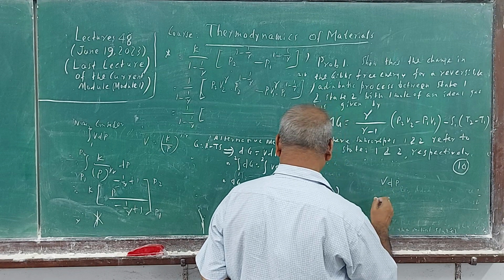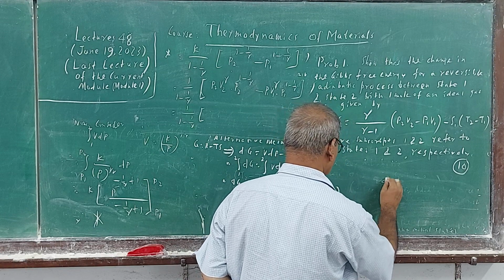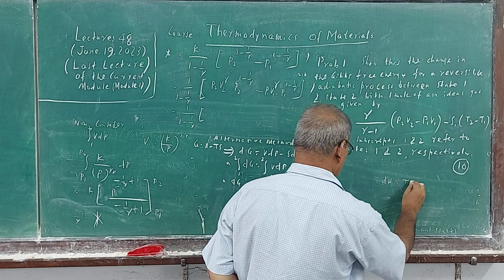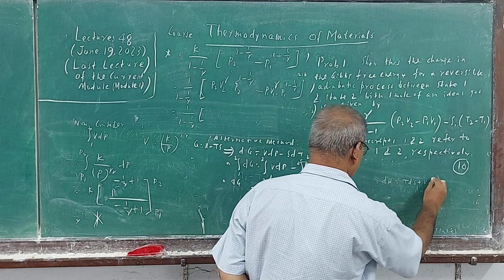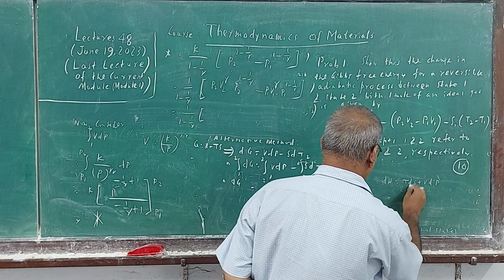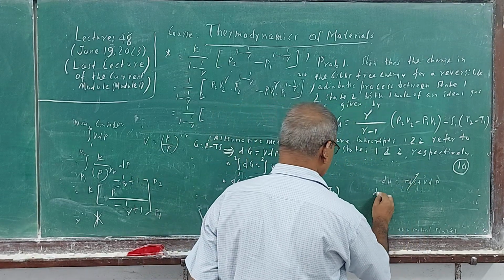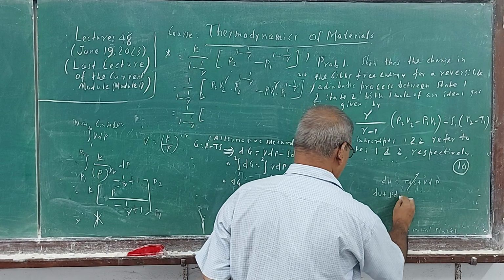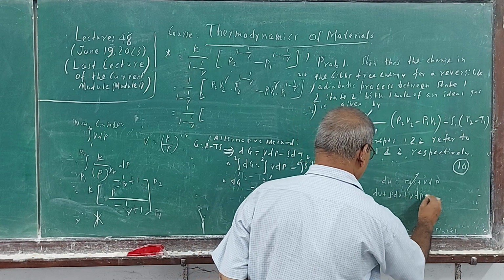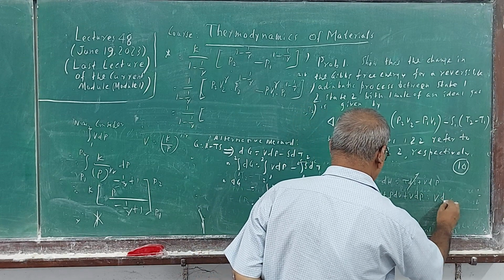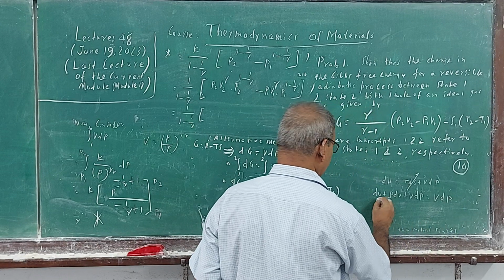VDP. TDS plus VDP. DH is VDP. DH is DU plus PDV. Okay, I'll check this part.